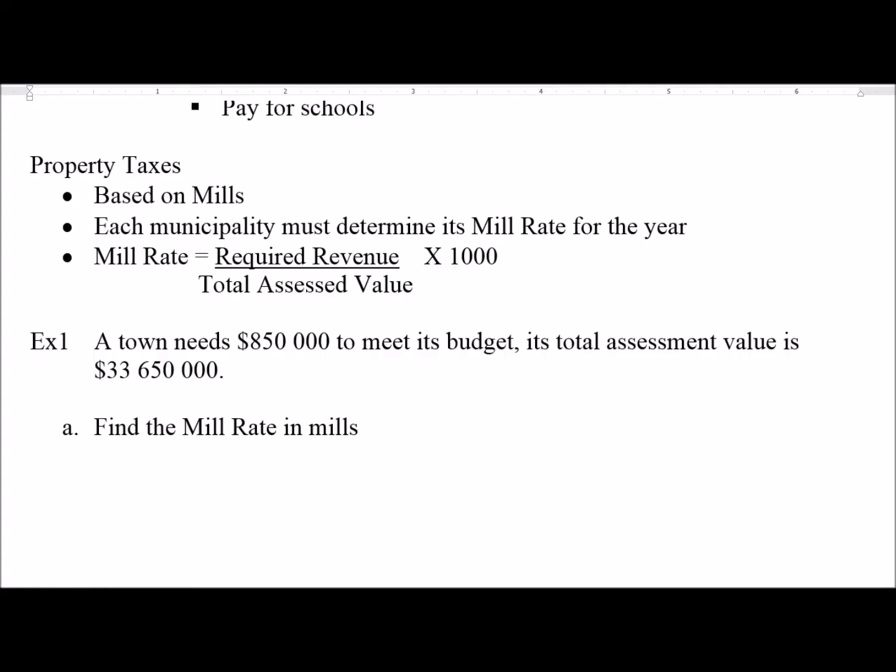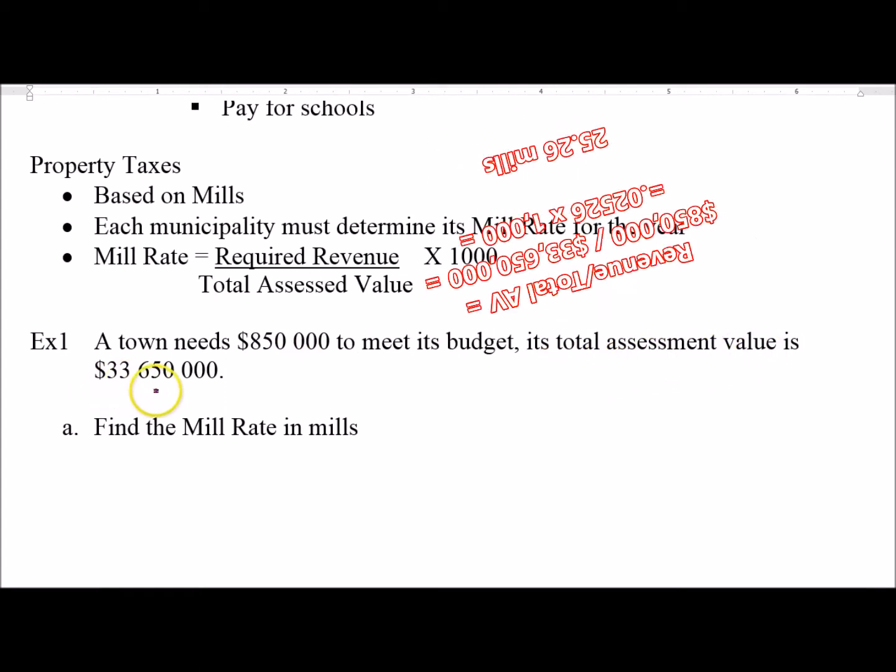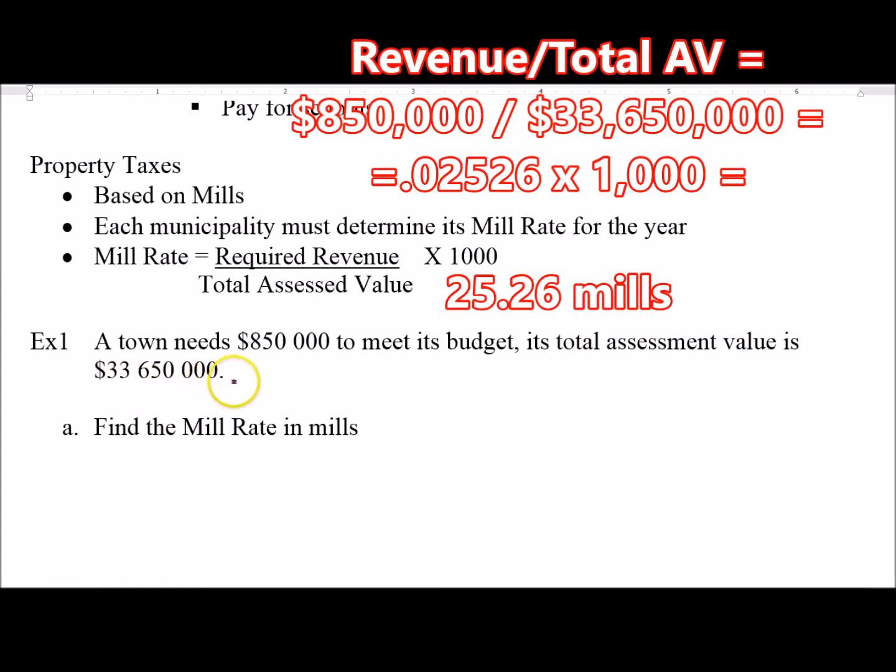So a town needs $850,000 to meet its budget. Its total assessed value of all its properties is $33,650,000. Let's determine this municipality's mill rate in mills. So I take my required revenue divided by my total assessed value.